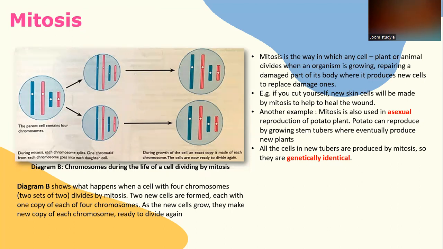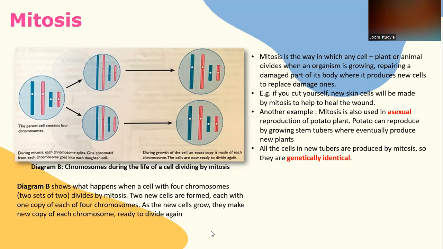A second example: mitosis is also used in asexual reproduction of the potato plant. Potatoes can reproduce by growing stem tubers, which eventually produce new plants. All the cells in new tubers are produced by mitosis, so they are genetically identical.